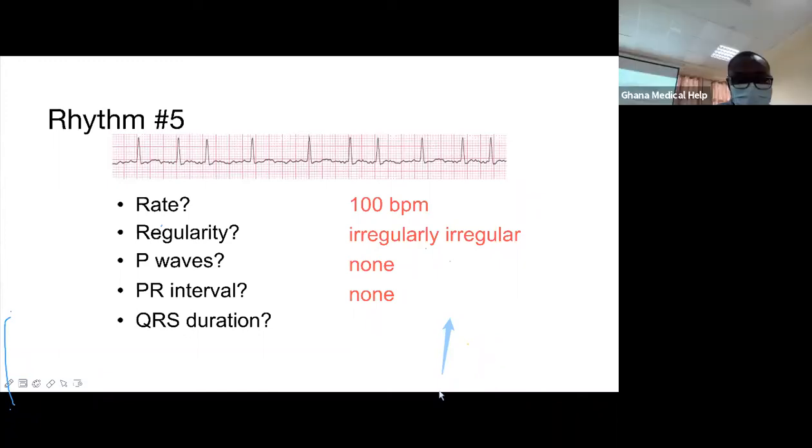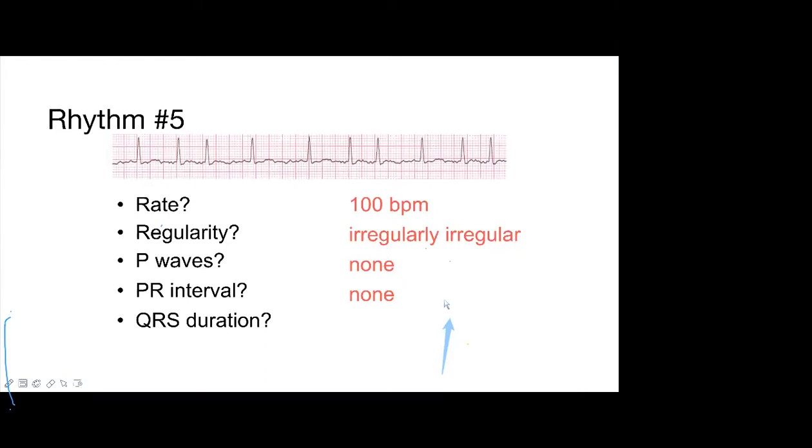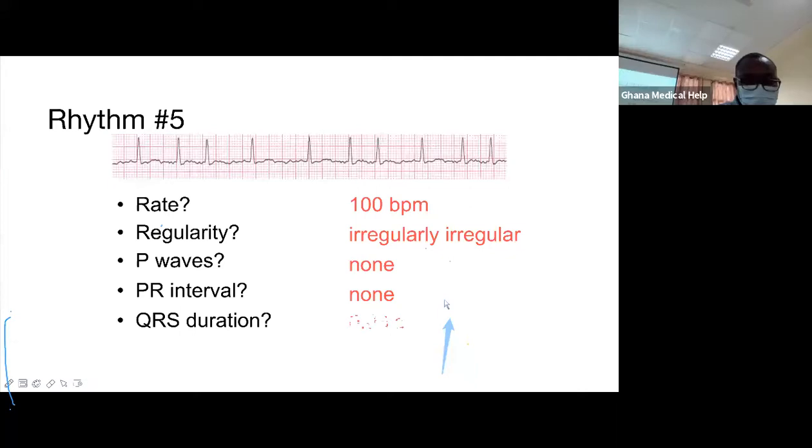It's normal. It's about 0.08. All right, so it's normal. So it's about 0.08, 0.06. That's all fine. And that falls within the 1 to 3 small boxes, or within the 0.04 to 0.12 seconds for those who want to be purists.